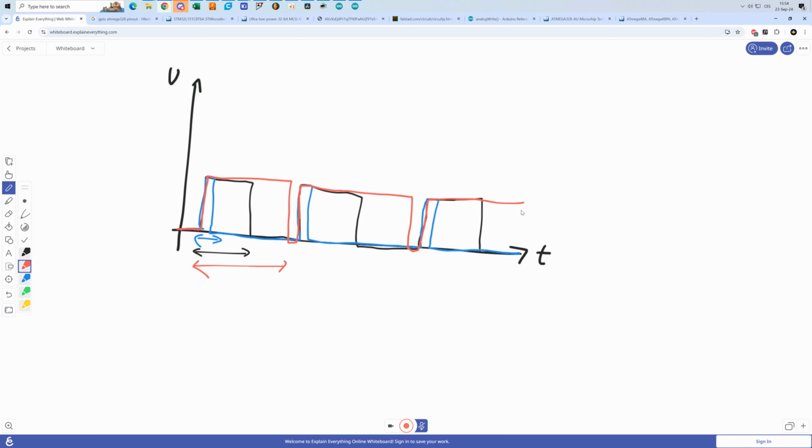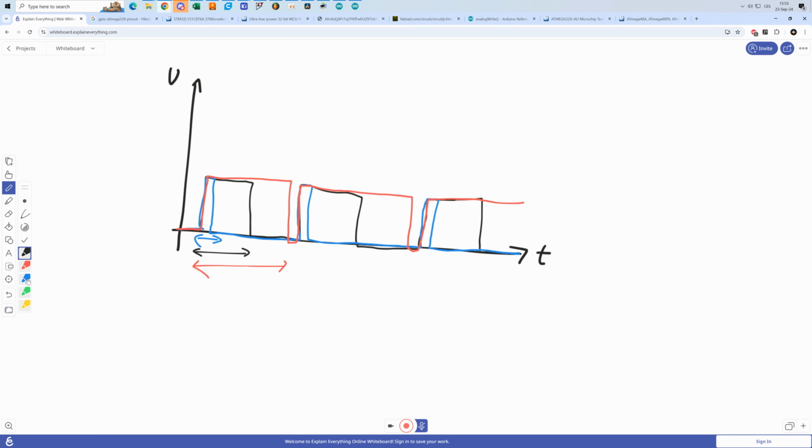PWM. And it can be even more confusing because if you then take a digital voltmeter and you measure the voltage on the pin, you will actually see the average voltage of these pulses.